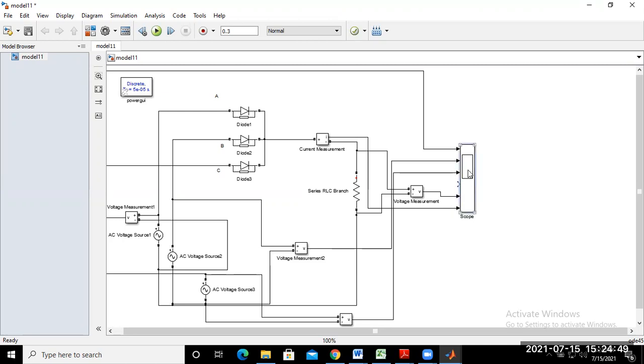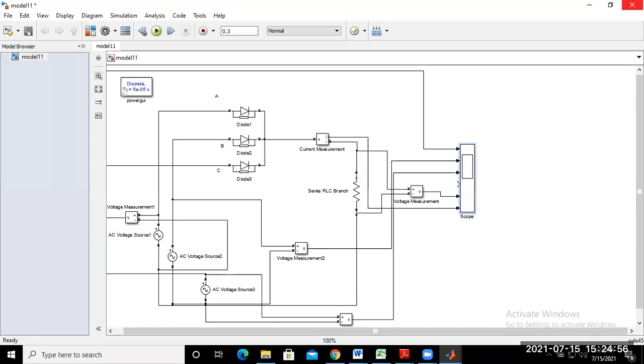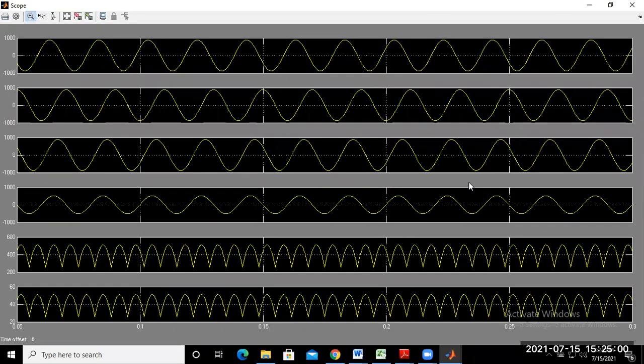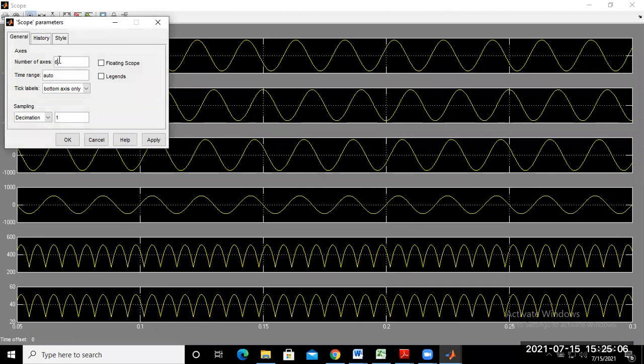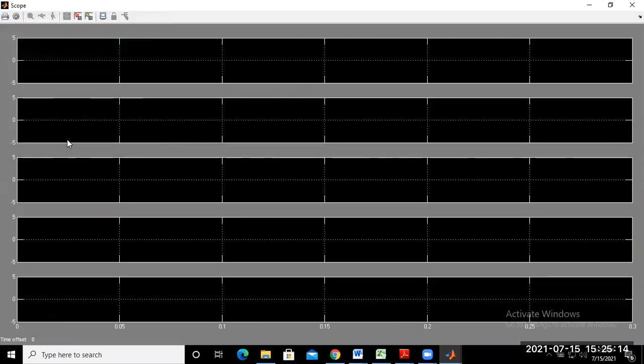Just convert it into 5 number of axes. So just click on the scope and again go to the number of axes. Just put here 5 and OK. So 5 axes are created here.